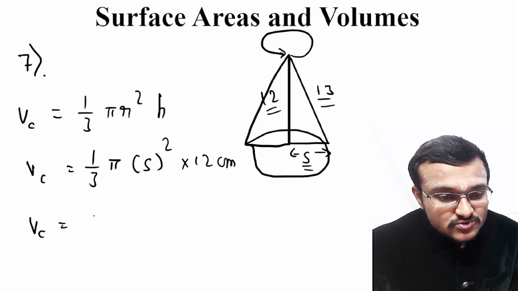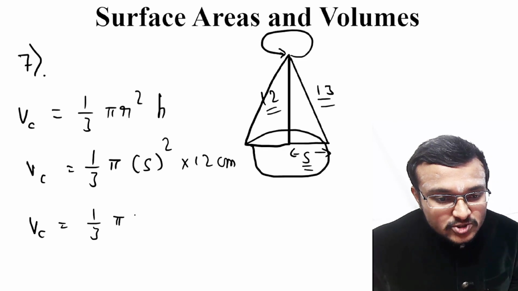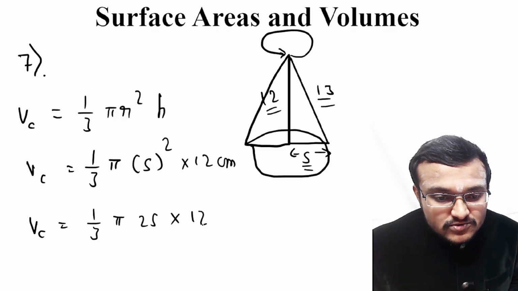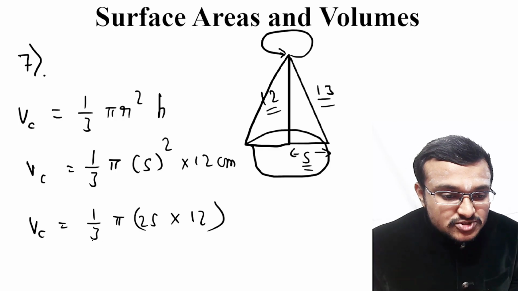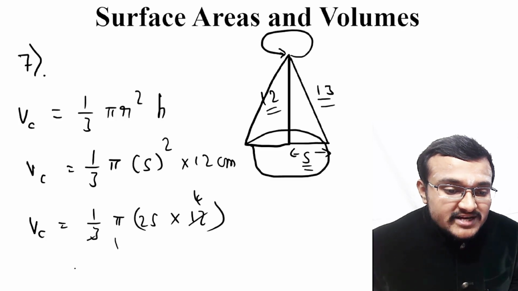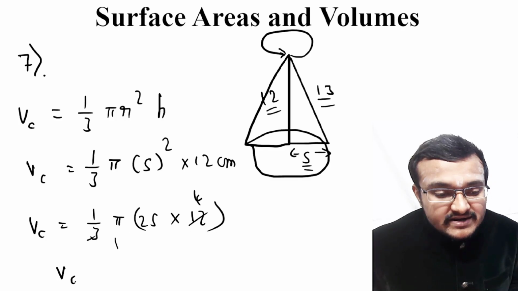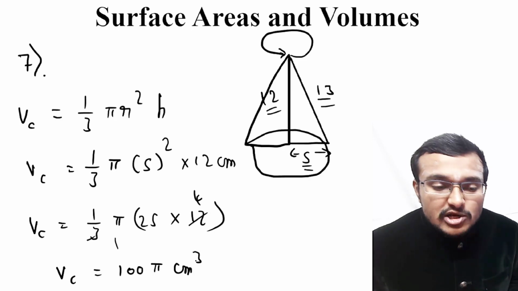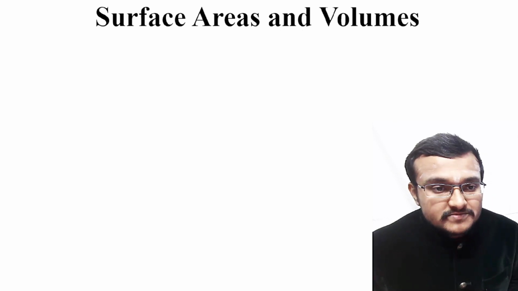So volume of this cone is equal to 1 by 3 into pi, 5 into 5 is 25, so 25 into 12 will be remaining. Here 3 ones are 3, 3 fours are 12. So 25 into 4 will be 100. So 100 pi centimeter cube is the volume of this right circular cone.